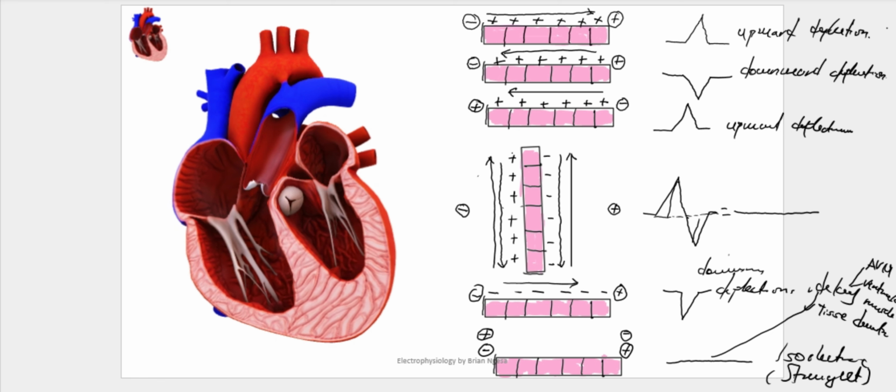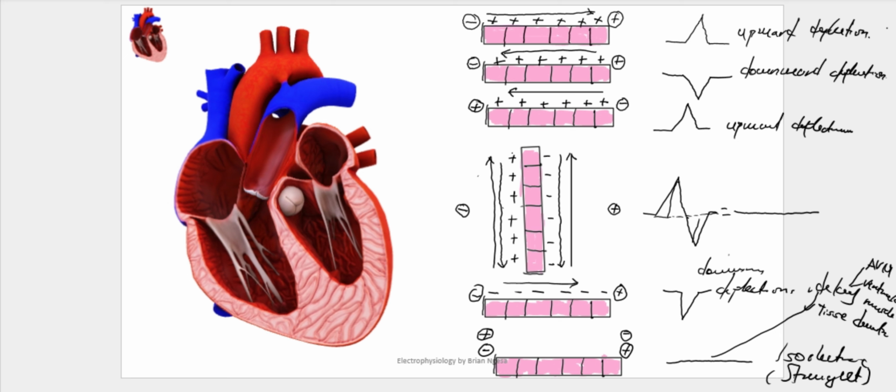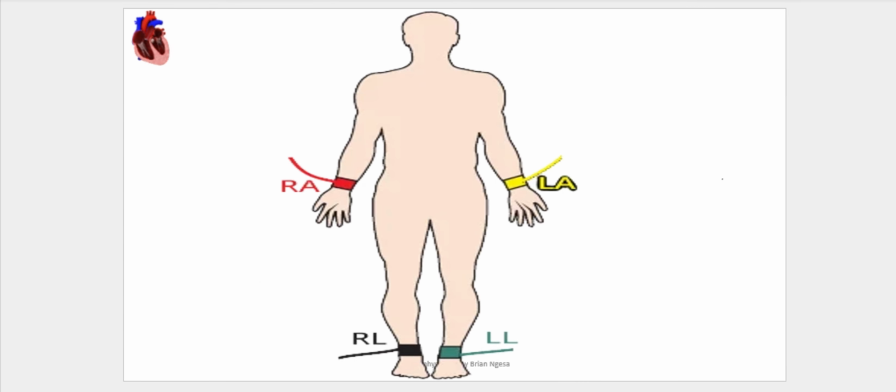So having understood that, let's go straight back to our leads and know the specific area, or how we are supposed to be placing these leads, because we've acknowledged so far that if you place these electrodes in the wrong manner, it can be a great source of error. And for us to avoid that, it is compulsory for us to know how to place these leads.